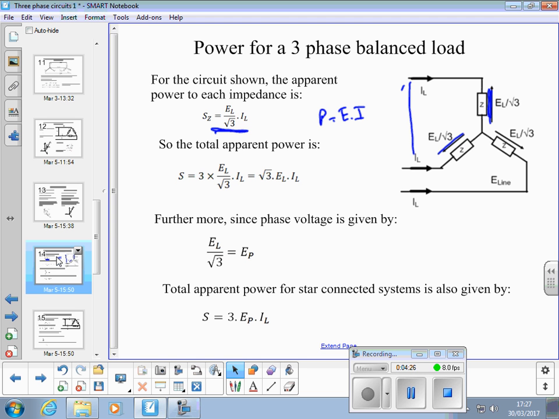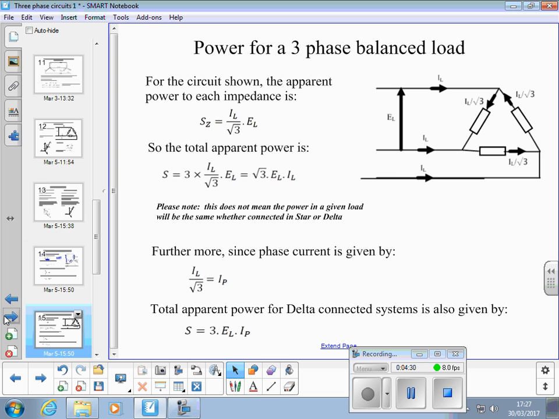Everybody happy with that? So, power for a three-phase balanced load in delta. Here we've got the power to each impedance. Each of these impedances, it's the current that's different this time.